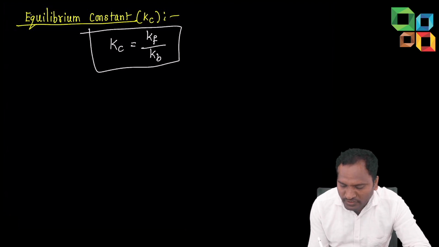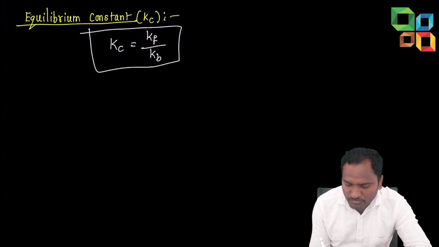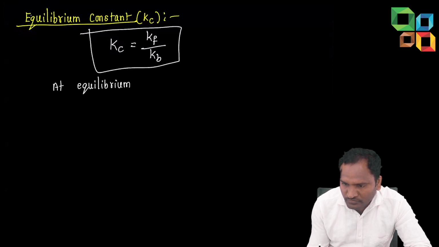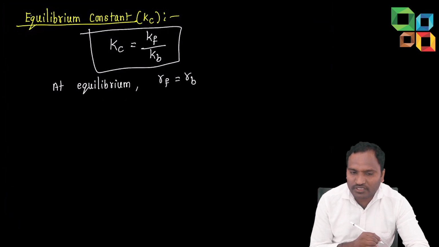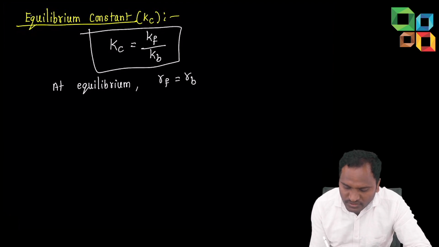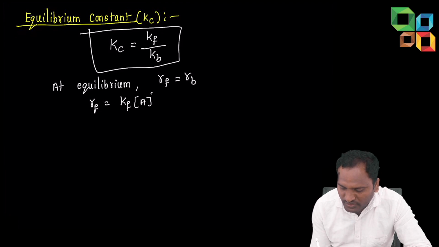Next, according to the equilibrium definition, at equilibrium, the rate of forward reaction is equal to the rate of backward reaction. Rate of forward reaction, what is that? Kf into concentration of A power m1, concentration of B power m2.